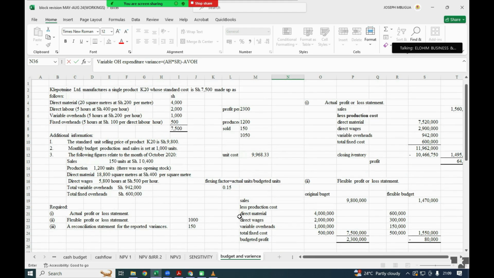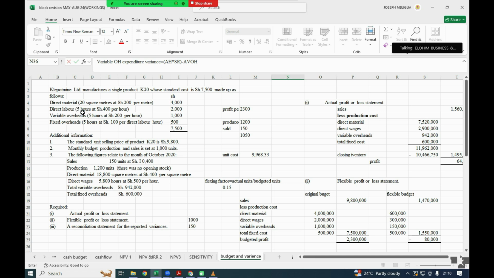So one thing you should note when you are dealing with variable overhead, the variable production, they do vary with the direct wages. And therefore the hours that are employed in the direct wages are normally the same hours that are employed under the total variable overhead. A good example is here, where the direct labor is 5 hours and even for the overhead is 5 hours.